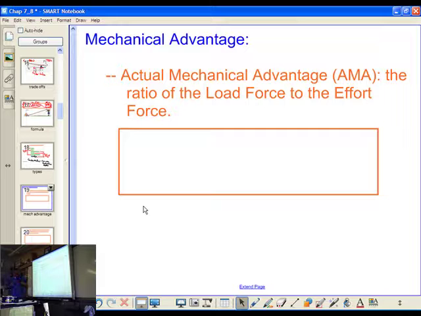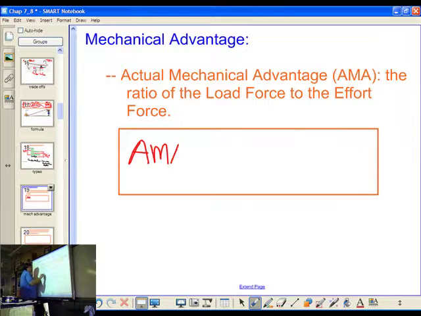Okay? So, on that. The actual mechanical advantage, which we call AMA, is the ratio of the load force, the load being what we're trying to lift, to the effort force. Load to effort.